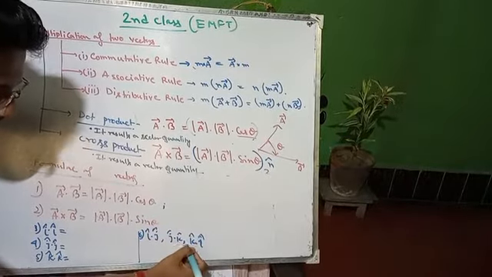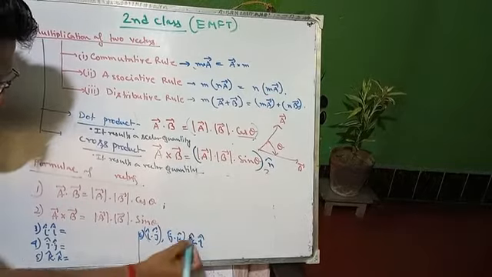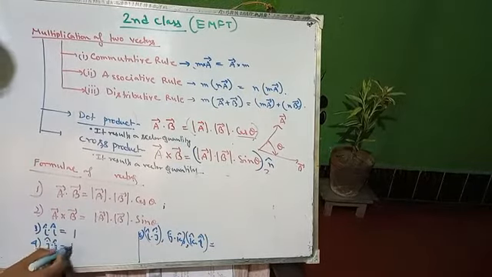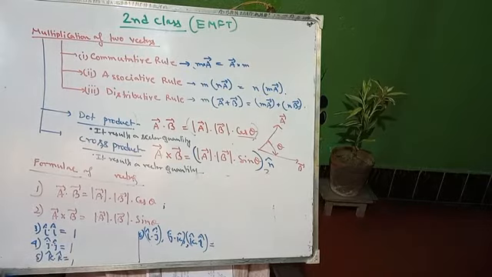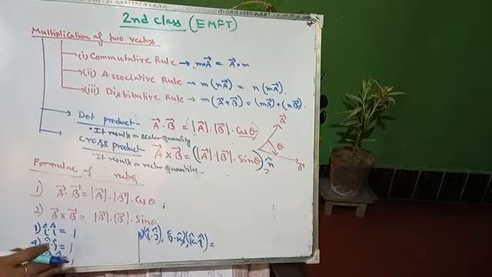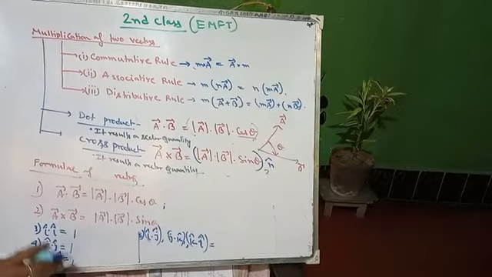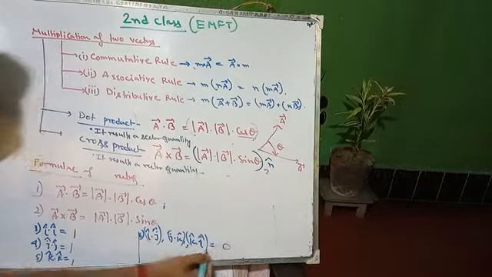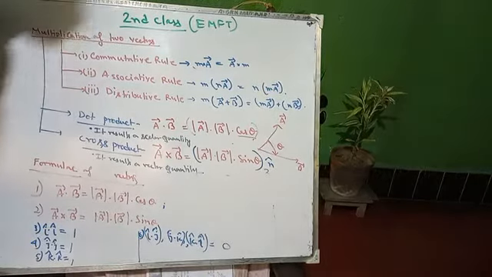What are the values? So i dot i equals 1, j dot j equals 1, k dot k equals 1. So similar unit vectors' dot product will be 1, and dissimilar unit vectors' dot product will be 0. How? Can you prove it?